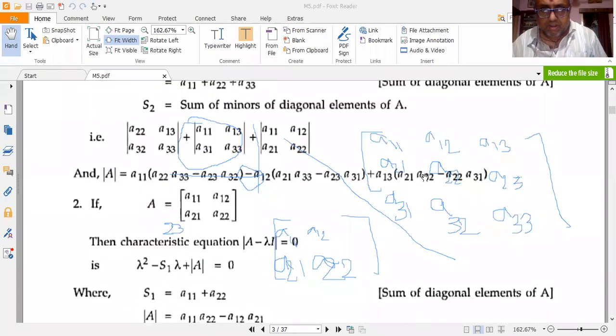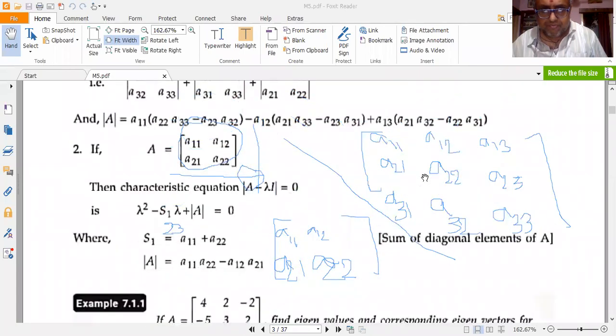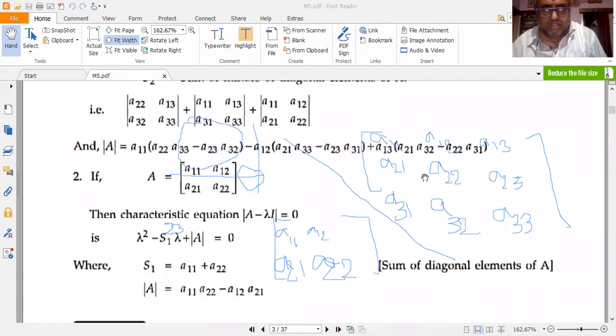So this is what I have written. A11, A12, A21, A22 is the principal diagonal elements. Okay, this is how we calculate the corresponding minors.